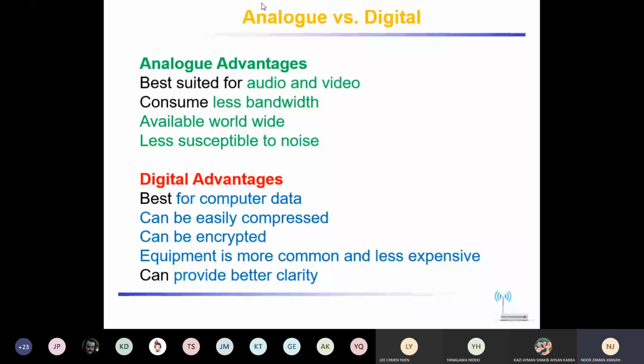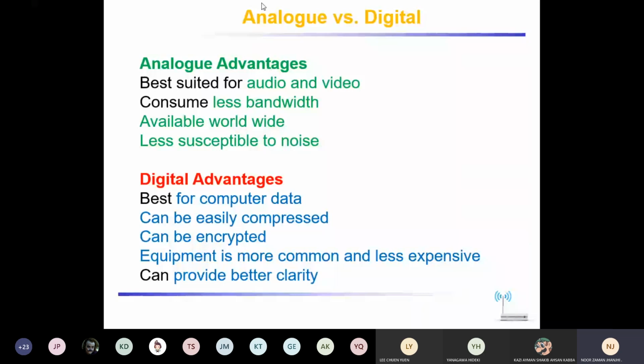The major difference is that analog signals are normally best suited for audio and video signals: watching TV, having the radio, talking on telephones, telecommunications. These are all best suited for analog.